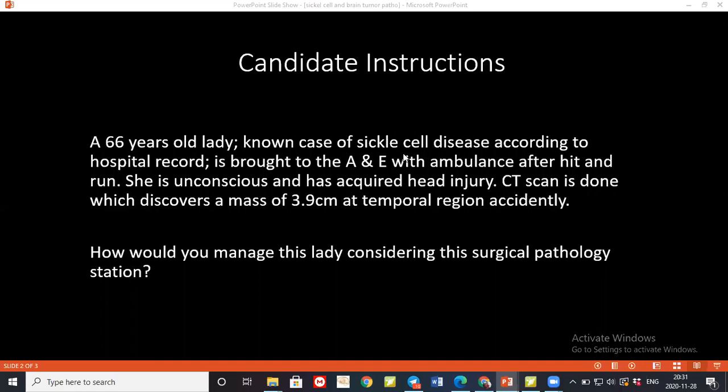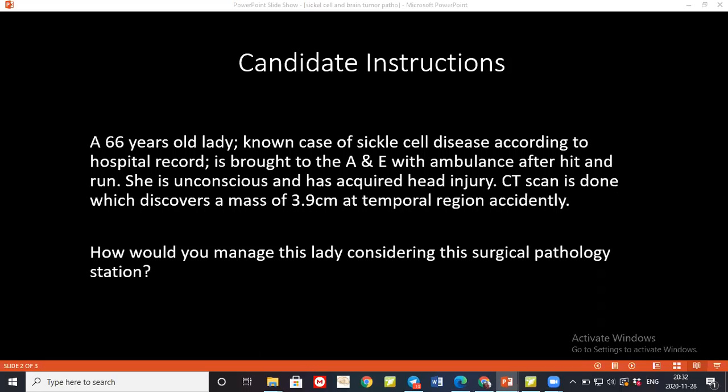Can anyone define what sickle cell disease is? What is the significance of knowing? Sickle cell disease is an autosomal recessive, common hereditary hemoglobinopathy in which a point mutation occurs in the beta chain of the hemoglobin, causing the replacement of valine with glutamic acid at position 6.